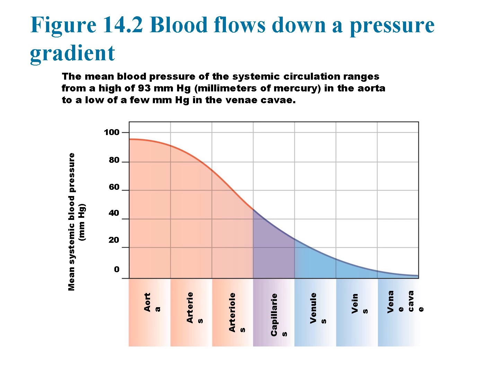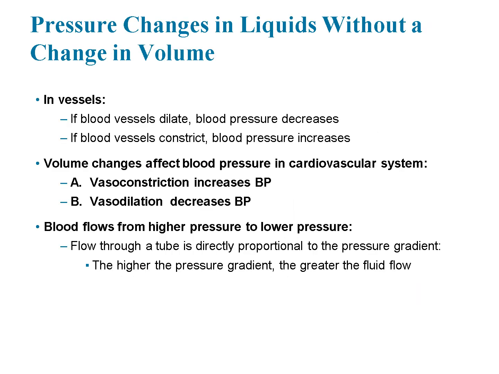This pressure gradient is essential for maintaining continuous circulation, ensuring that oxygen and nutrients are delivered efficiently to tissues while waste products are removed. Blood pressure regulation is influenced by changes in blood vessel diameter rather than changes in blood volume.